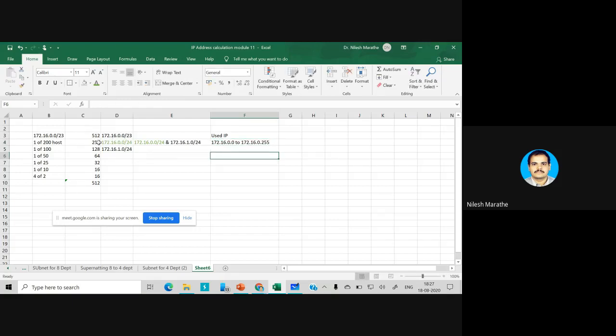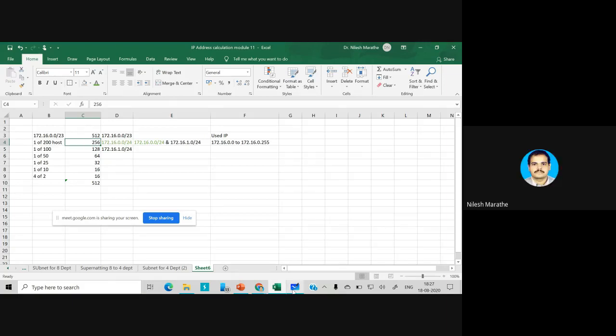These are all used to achieve the 256. So we cannot go for 0.0 now. We have to go for 1.0 for splitting. Yes or no? Hello? Yes, sir.